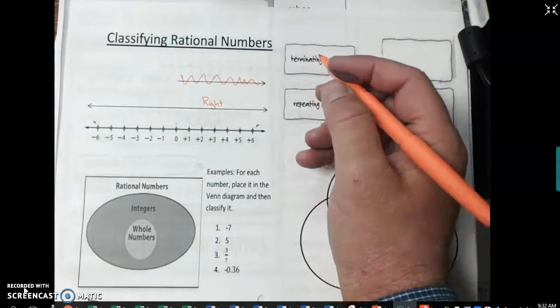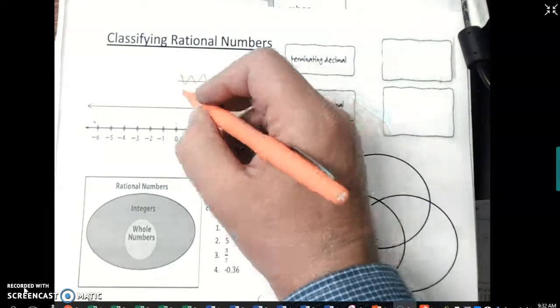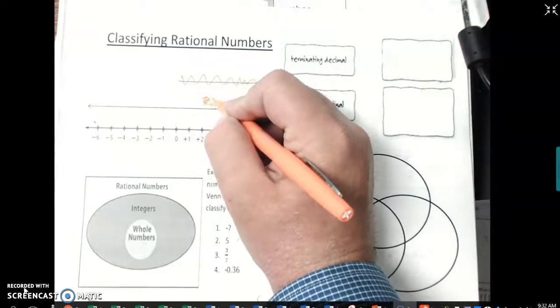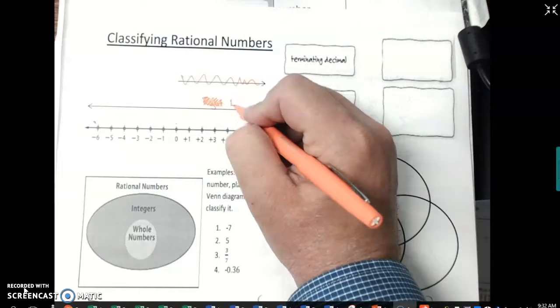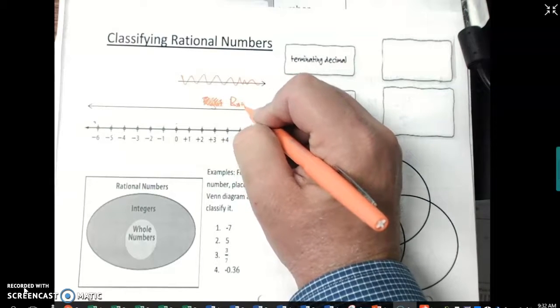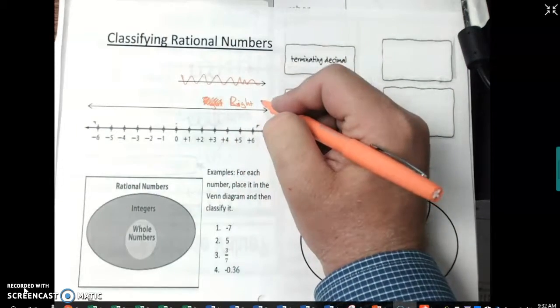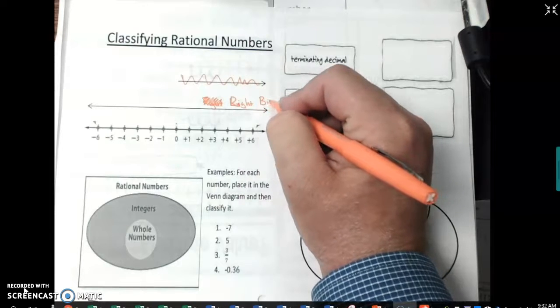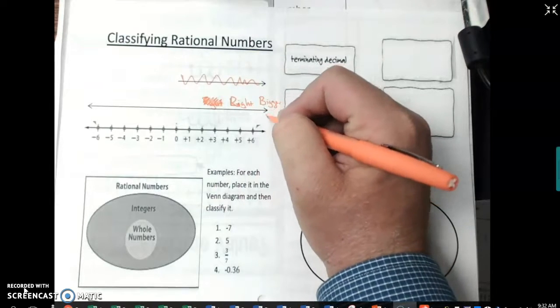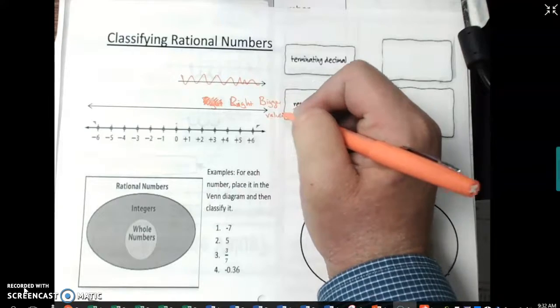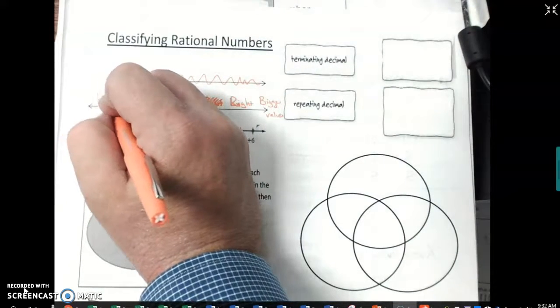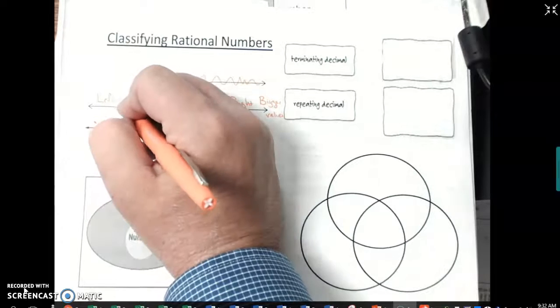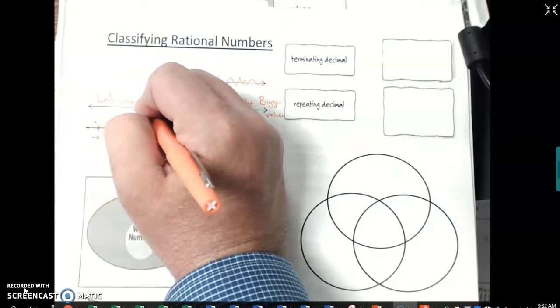On the right side, oh wait, that's the left side, I'm sorry. Right is always larger or bigger values. On the left is always smaller values.